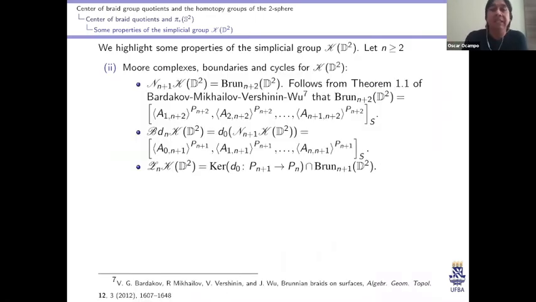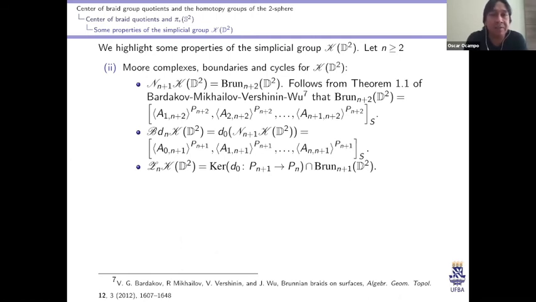Okay. The second condition is about the normality of the boundaries in the total group. It follows because the boundaries of K(D2) is a symmetric commutator subgroup, and given a symmetric commutator subgroup, it will be normal in the whole group. But we have some other information. In fact, the Moore complex is given by Brunnian braids, from a theorem of Bardakov, Mikhailov, and Wu, as cited here.